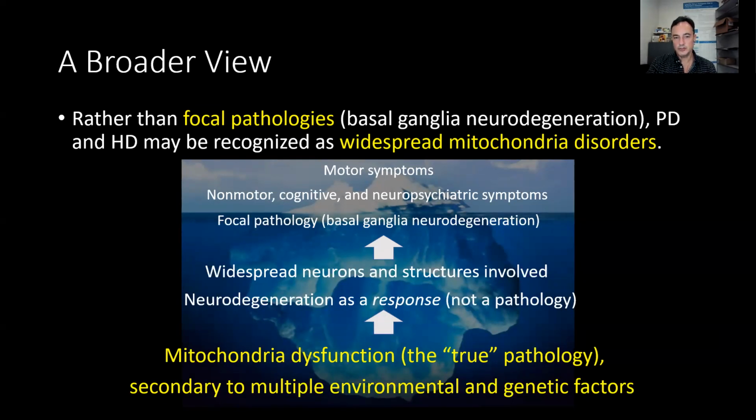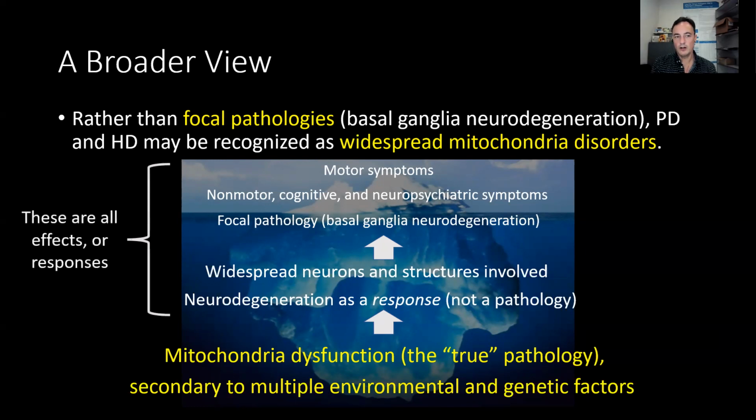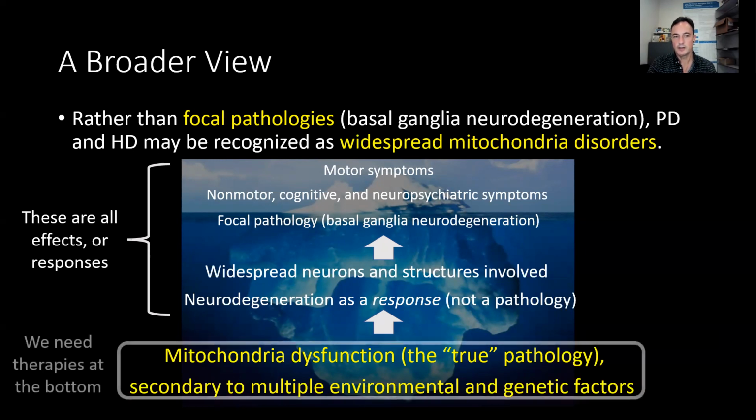Now, if this iceberg is true, then really all of these things are effects or responses that occur as the mitochondrial dysfunction, the impact of that, trickles up the iceberg. And what we really need, therefore, are therapies at the bottom of the iceberg to treat the true pathology, the mitochondrial dysfunction in particular. Because if we're just trying to treat the responses, we're only going to have limited success.